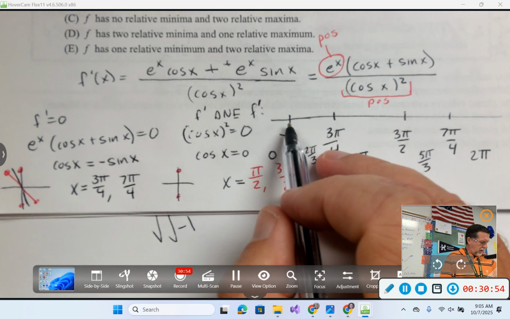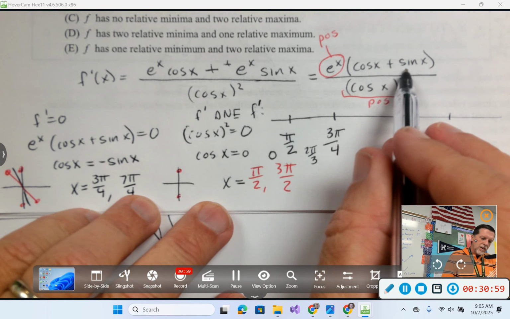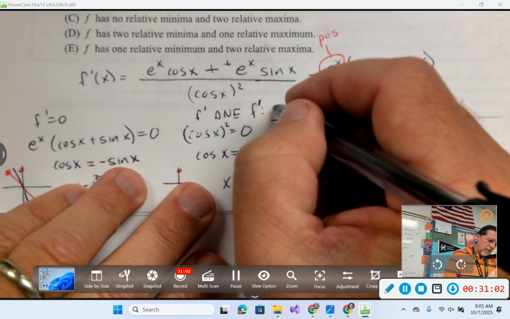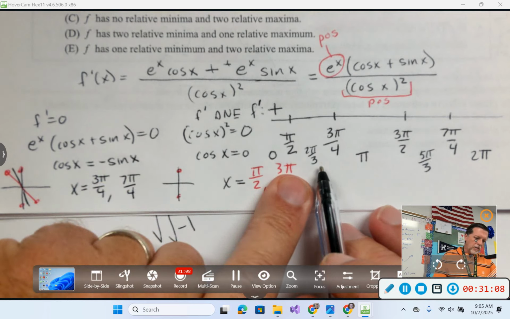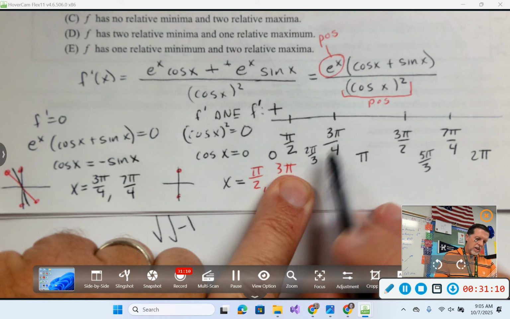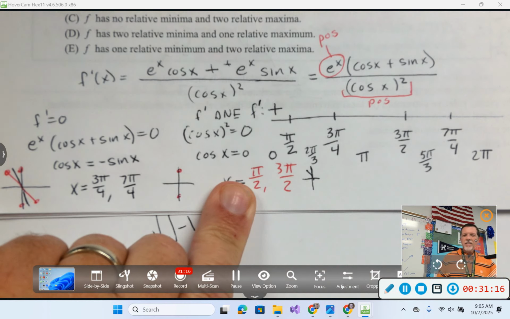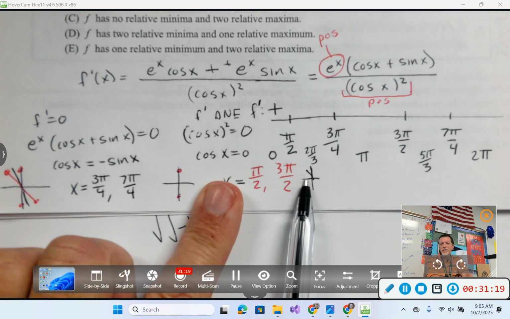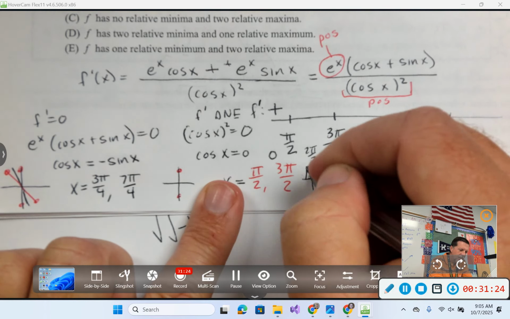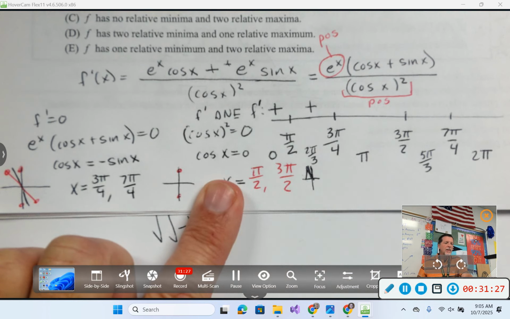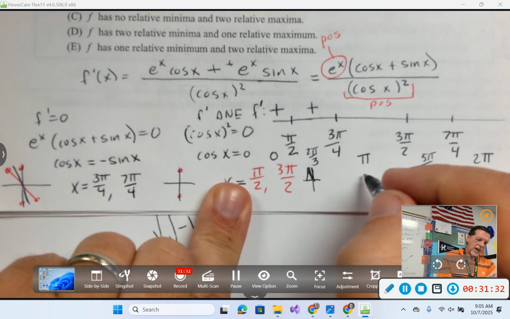Okay, let's see. So if I plug in 0, cosine of 0 is 1, sine of 0 is 0, so that's positive. Plug in 2 pi over 3. Oh, that's in the second quadrant. So the cosine is negative, the sine is positive, but which one's bigger? Sine, because it's the steep angle there, so that's positive. So there was not a sign change there. Plug in pi.